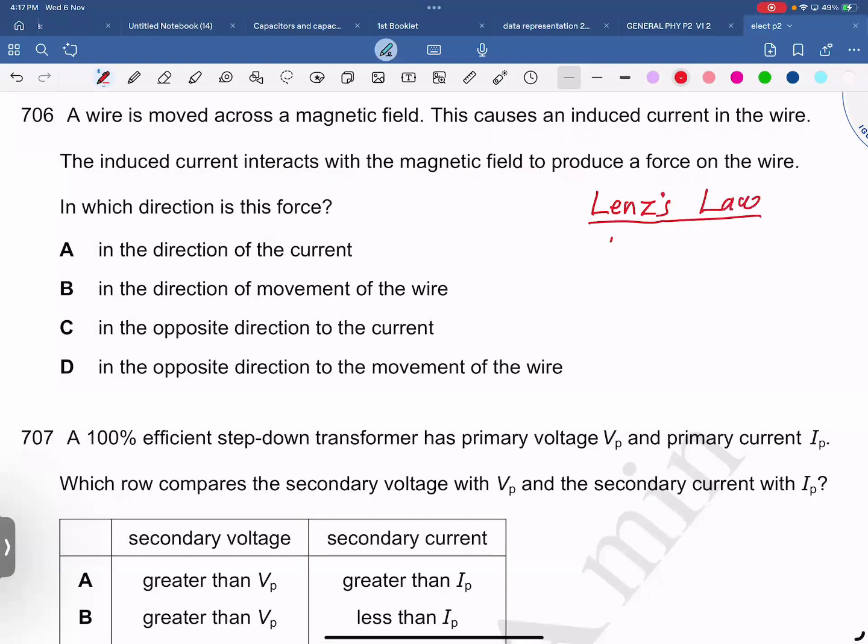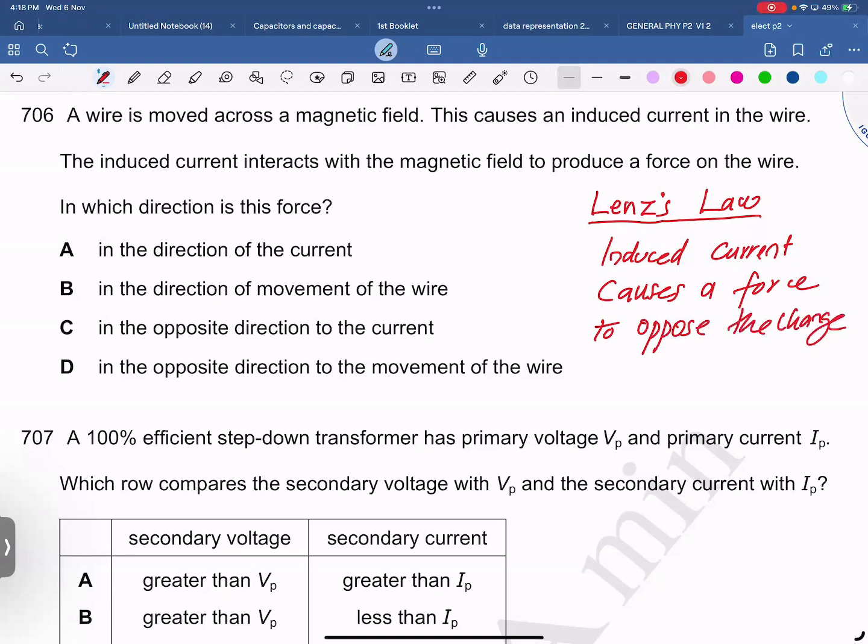Lenz's law says that the induced EMF or current causes a force to oppose the change which causes it. Now, what change causes it? It could be the motion or it could be the applied current. So it must oppose.